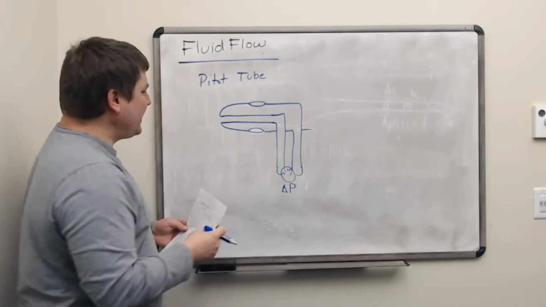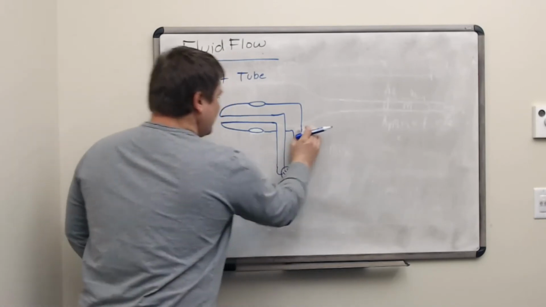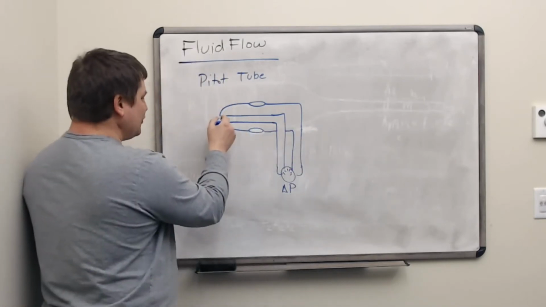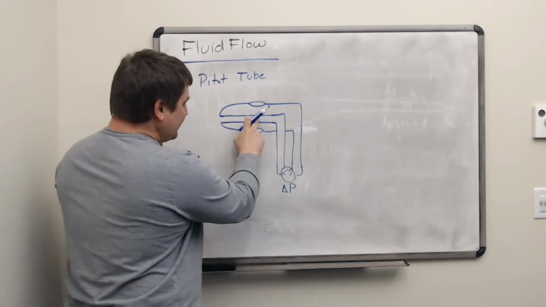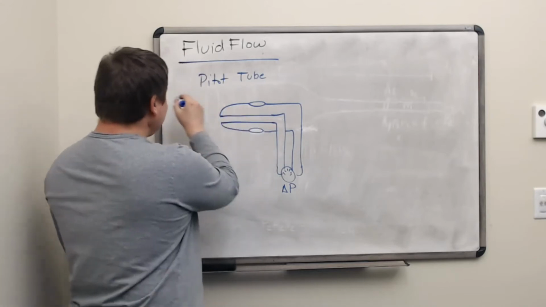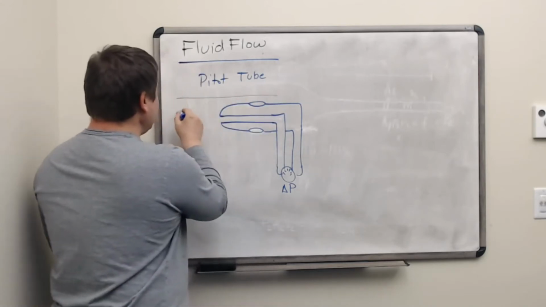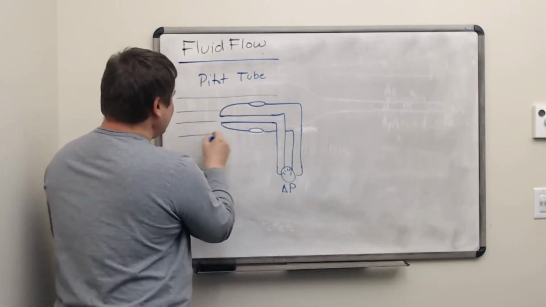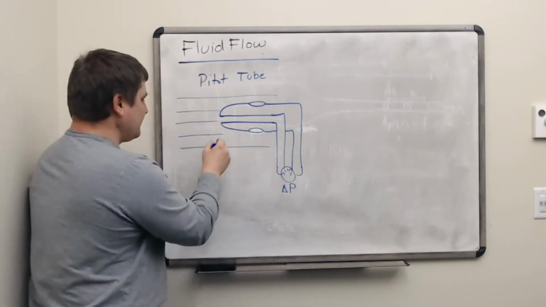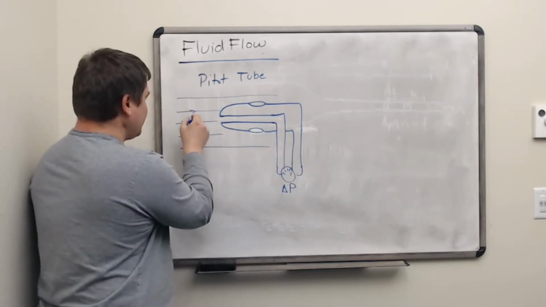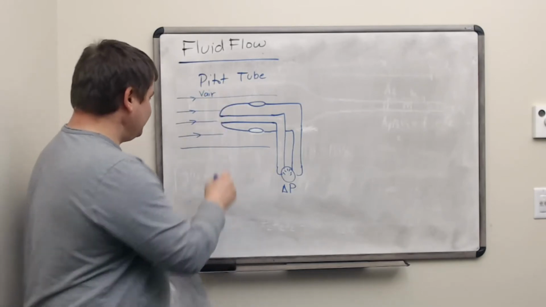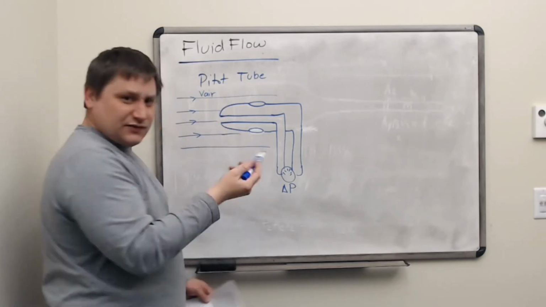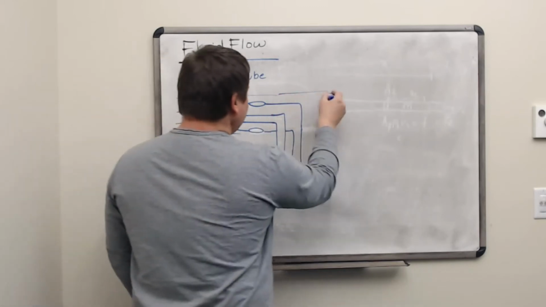Okay, so we have a set of concentric tubes here. There is a central tube which just sits in the stream of fluid flow. So we have some air, or I suppose you could use this with water too. So we have some fluid flow past here.